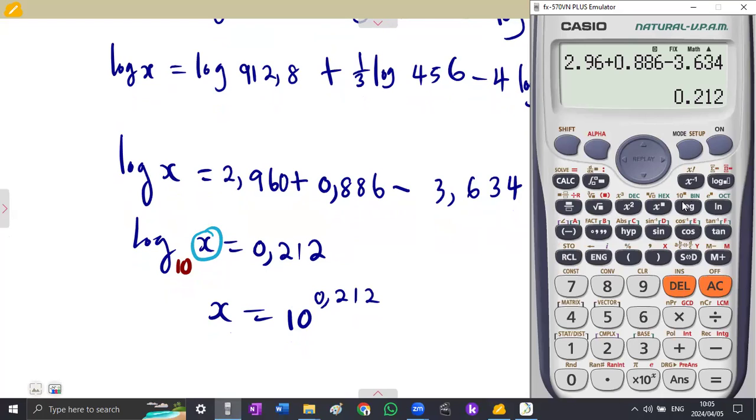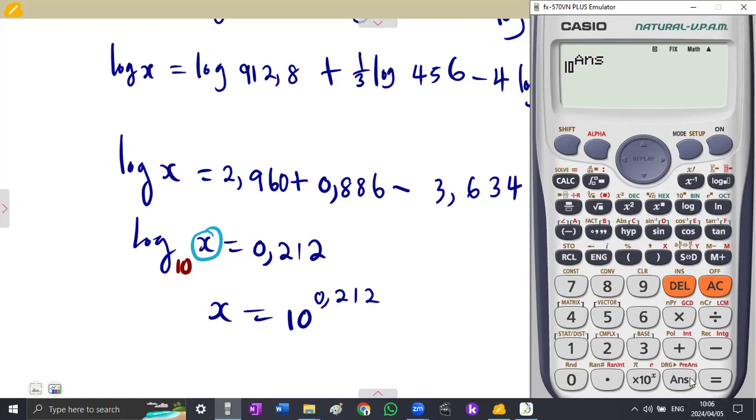You remove with what is on top of a log. If you are using a ln, what is on top of a ln? It's e. So to find the exact value, it will be e to the exponent of an answer. That is, if you were working with a ln, but we were not using ln, we are using log. So on top of a log, there's what? 10 to the exponent of. So it's shift that log, that is 10 to the exponent of the answer that you have.